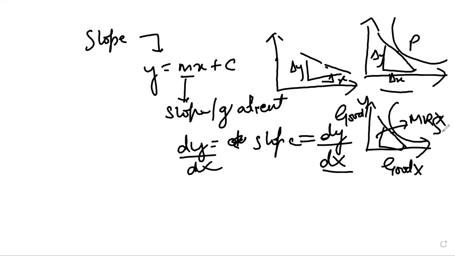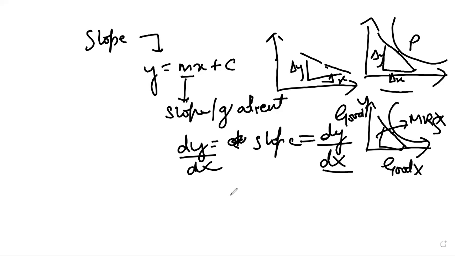What does that mean? That if a person wants to consume one additional unit of good X, how many units of good Y he will have to sacrifice, given his budget constraint or his preferences. So this is one application of the concept of slope in economics.